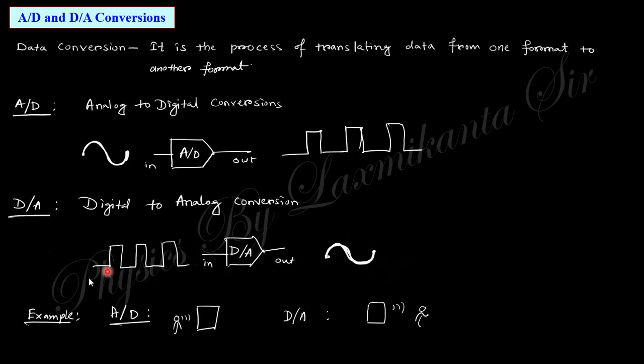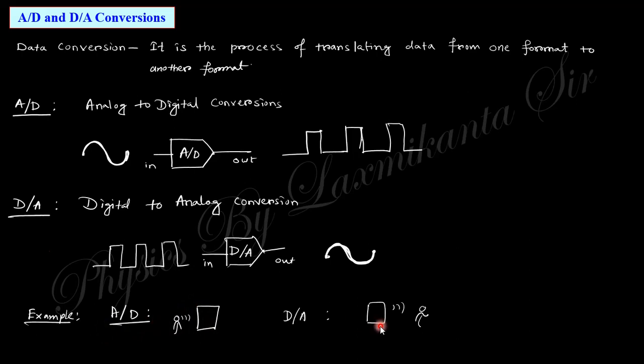Okay, for example, when you talk on the mobile, your voice is converted into digital format, which is transmitted from the network tower and so on. So this is the device where the analog signal is converted into digital format. This is the analog to digital conversion.